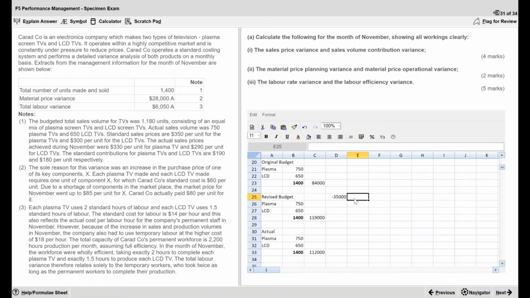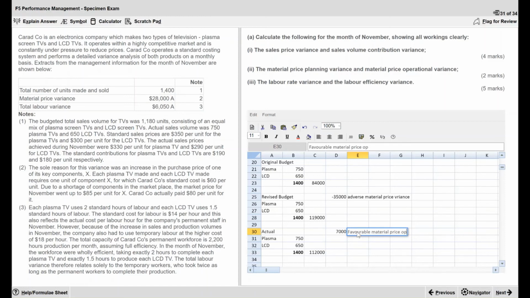so it would be adverse variance. So material price variance, adverse. And the actual is less, so we have favorable material price, operational.